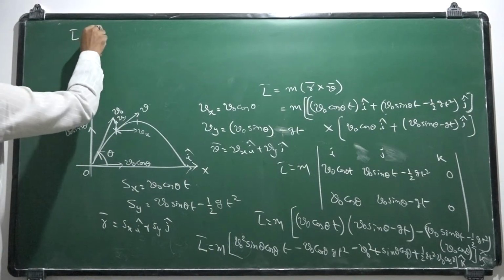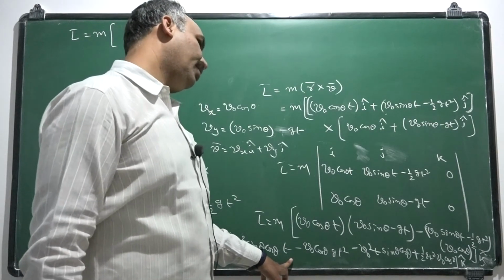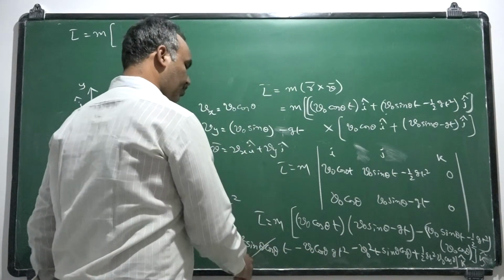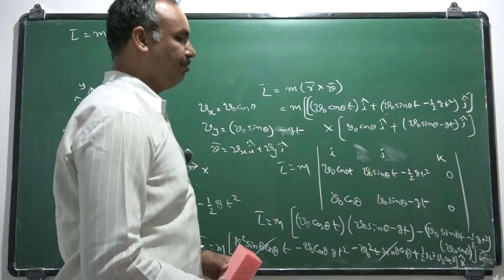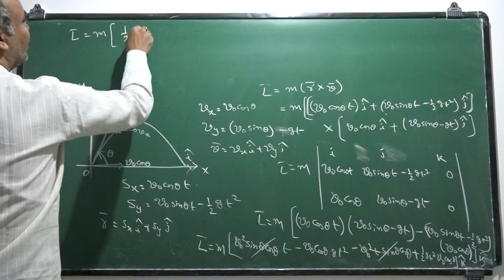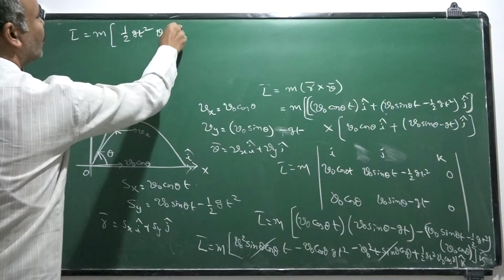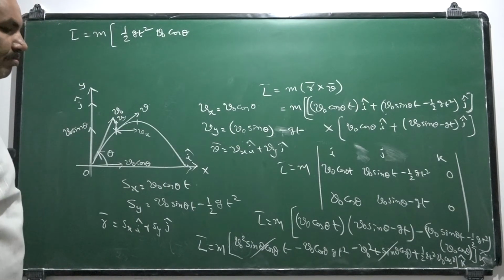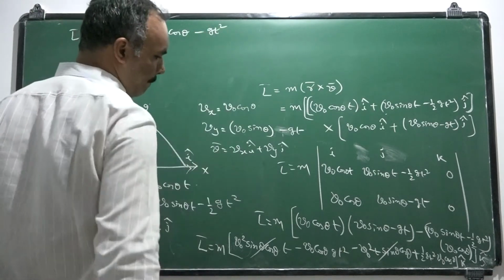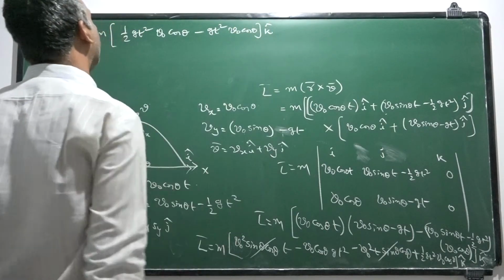L bar is equal to M into V naught square sin theta cos theta into T, minus V naught square sin theta cos theta into T. These two terms get cancelled, and here you will get half G T square V naught cos theta, and here you will get minus G T square V naught cos theta into K cap.